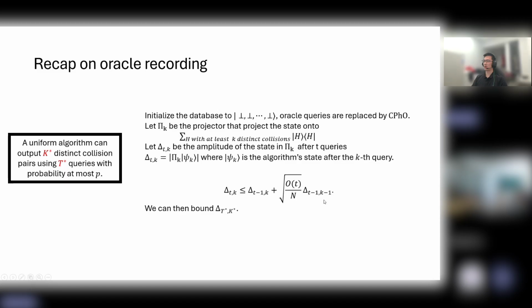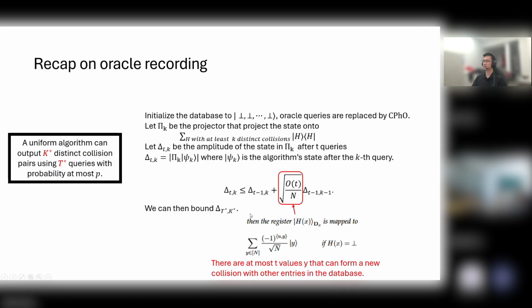So this is the normal way of proving progress of the algorithm. And finally, we want to bound delta_{T*,K*}, where T* and K* are the number of queries and the target.